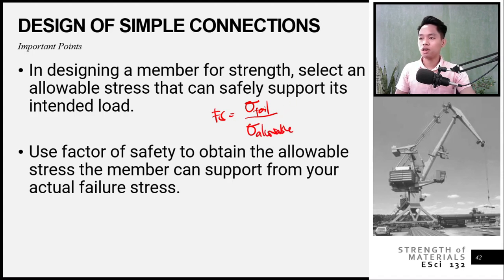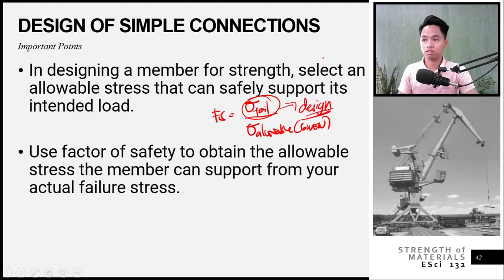Okay? If you have allowable nga given, right? Usually given man ni siya. Tapos naay factor of safety. So you can just solve your failure. Kani si failure, this would be the one that you are going to use during your design. Si failure na usually ang gamiton. Sorry. Sa design ni siya gamiton. Ang atong failure stress.